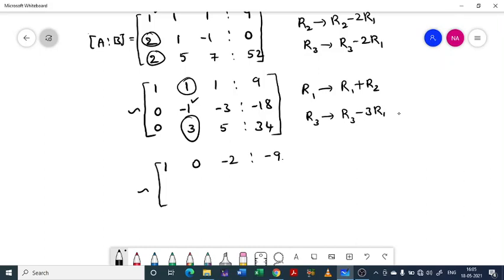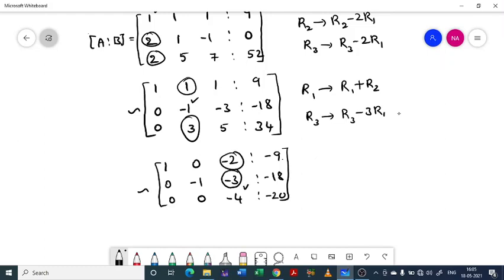Then second row we are not applying any operation, so 0 minus 1 minus 3 minus 18, that will be as it is. Last row 0, and from our choice it will be 0, then this will be minus 4 minus 20.